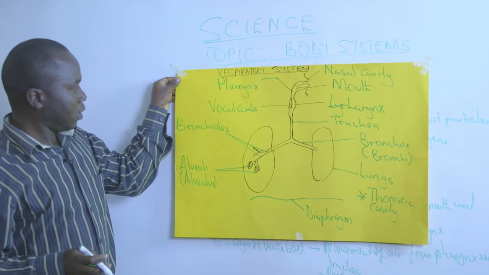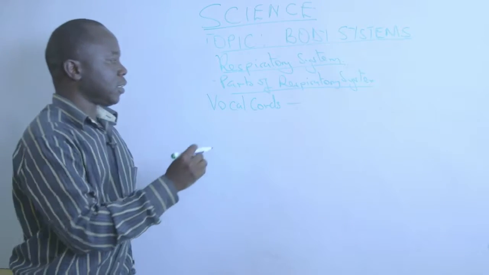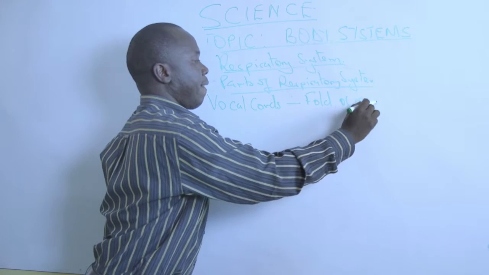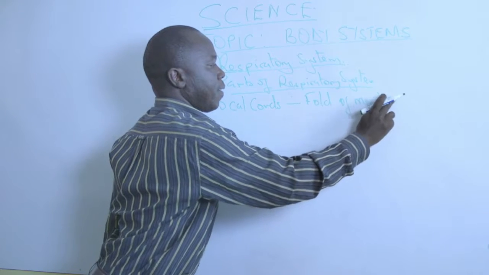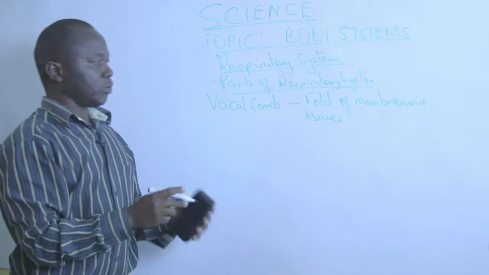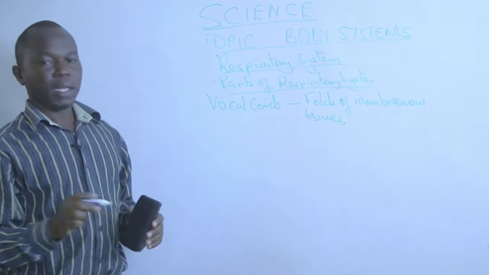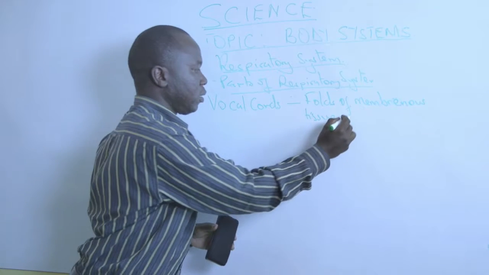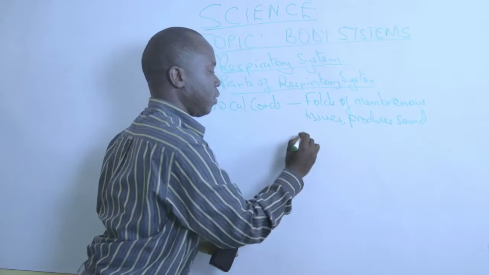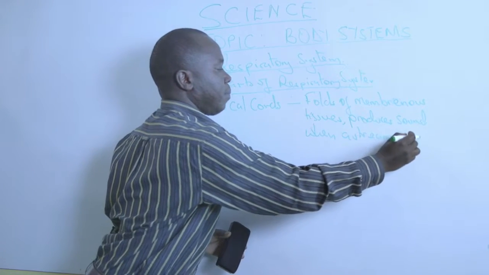Another part is the vocal cords. So what are these vocal cords? These are folds of membranous tissue that produce sound when a stream of air passes over them.